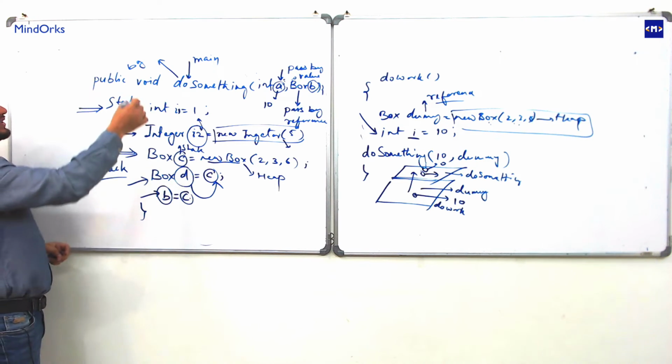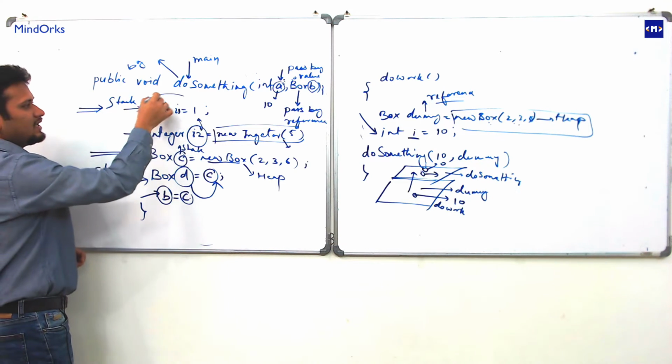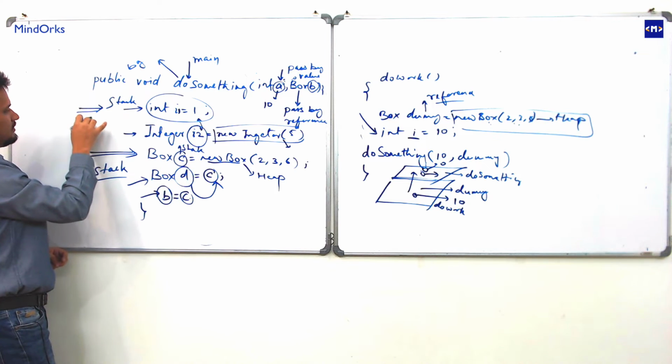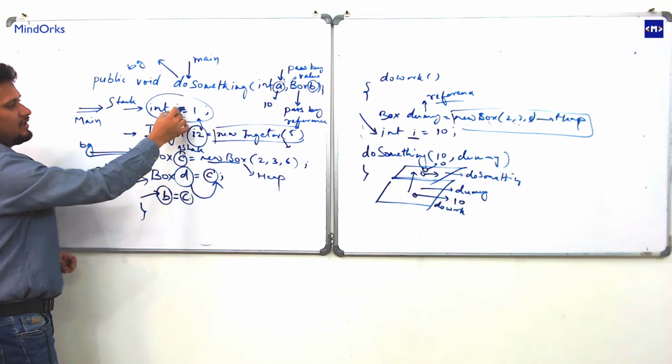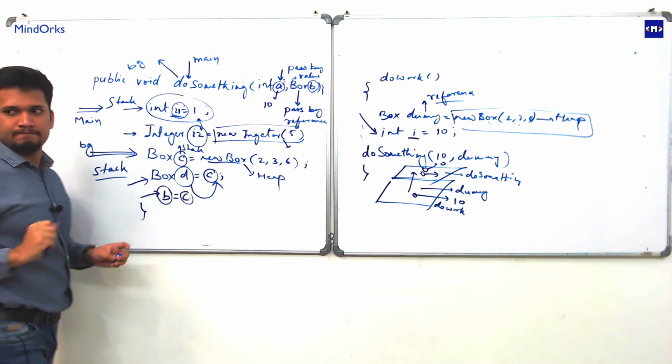So in the stack memory, how many int i are there? This is for your main thread, this is your background thread. How many int i variable memory spaces are in the stack?